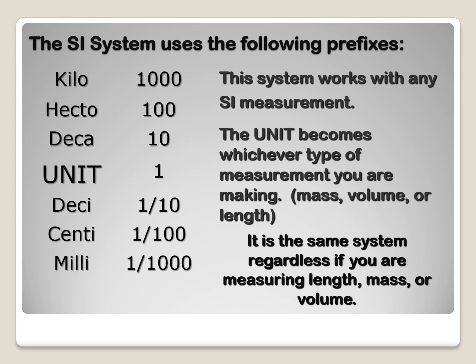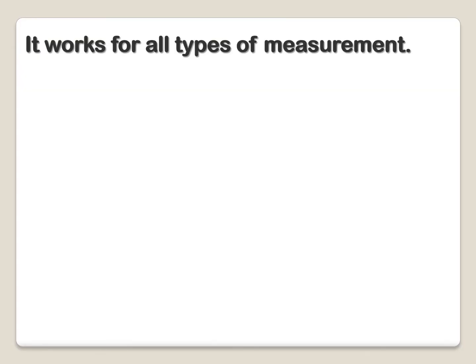It is the same system regardless of whether you are measuring length, mass, or volume. So whatever you're measuring, guys, these prefixes go in front of the unit, and that will help you decide the proper value of that measurement. It works for all types of measurement.